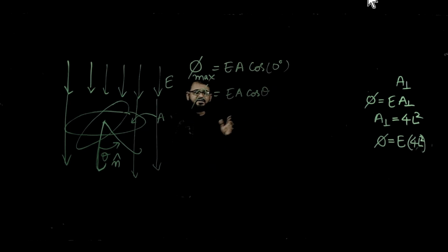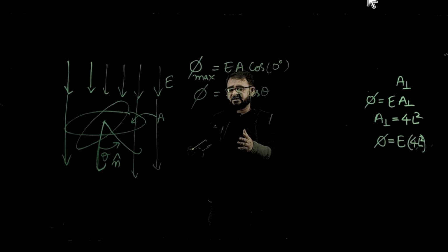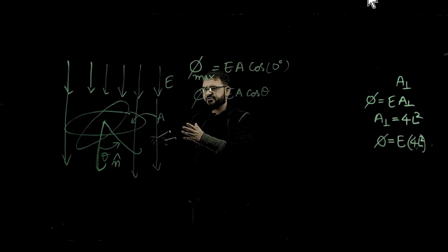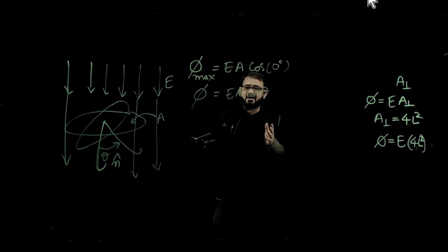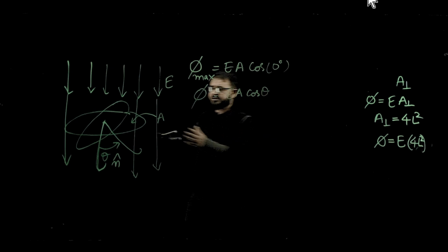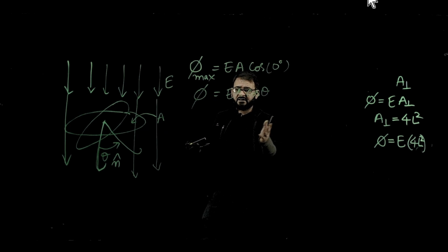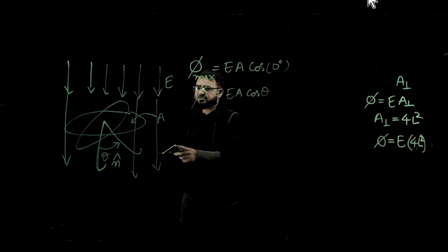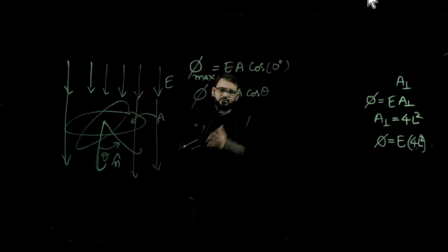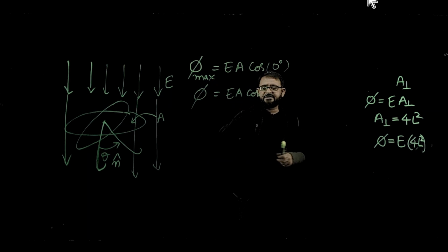So always imagine electric field as the rain direction and area vector as an umbrella, where the area of the umbrella is a scalar quantity and the handle of the umbrella is the normal vector. Then you could easily visualize these things.